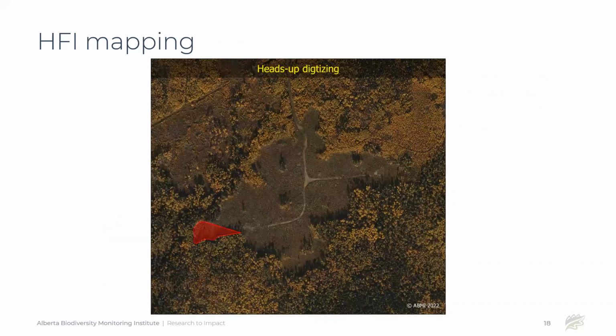How do we actually capture a polygon? We use a process called heads-up digitization, or digitizing, where we need to zoom. First we have to interpret or identify that an area has been changed. We do that on imagery. And the imagery that I'm displaying for this visualization is a little bit higher resolution, actually quite high resolution.